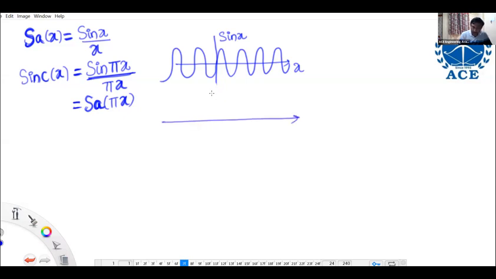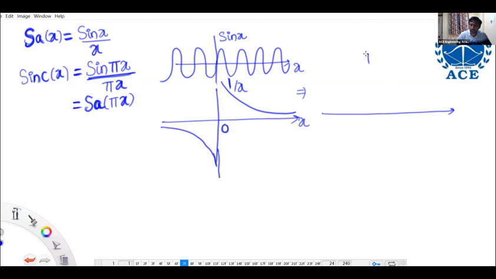What is the shape of 1 by x? As x increases, 1 by x decreases. Once you multiply these two, it is going to appear like this. Roughly, it's not an exact curve.